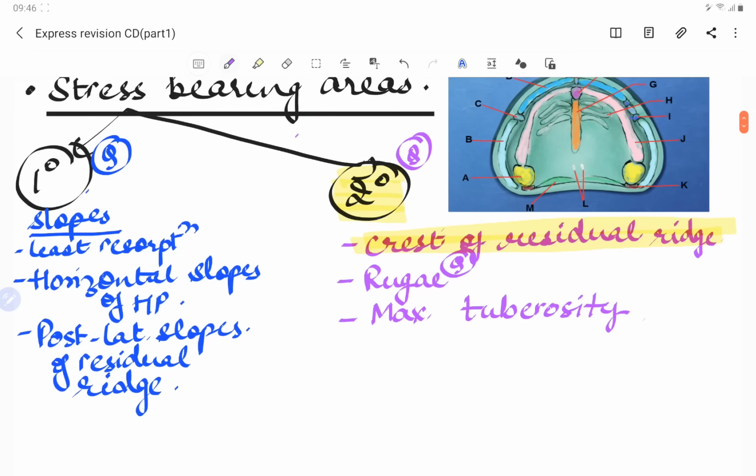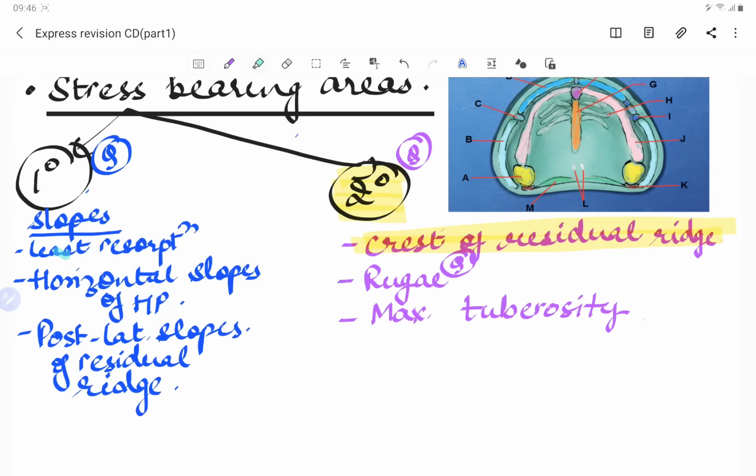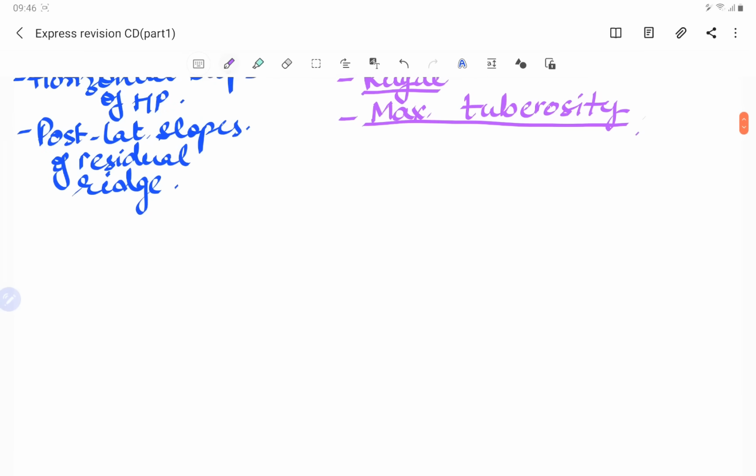The primary stress bearing areas have got least resorption, but in the secondary stress bearing areas there is going to be some resorption, but not that amount that we have to relieve it. So there are three secondary stress bearing areas: the crest of the ridge, the rugae and the maxillary tuberosity, right? Then we have got the supporting structures.